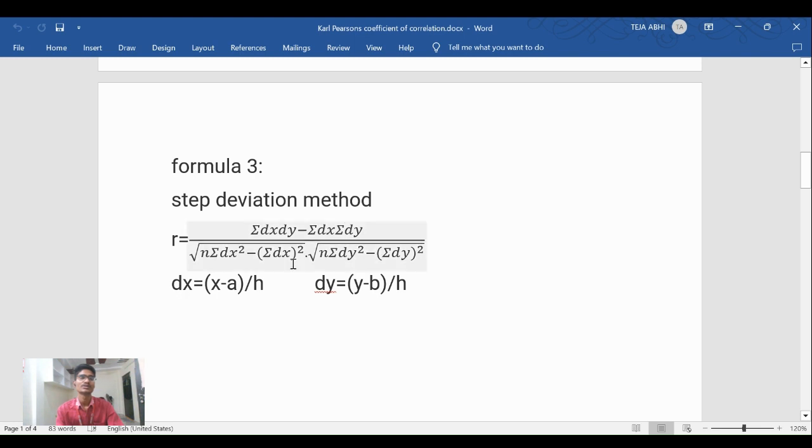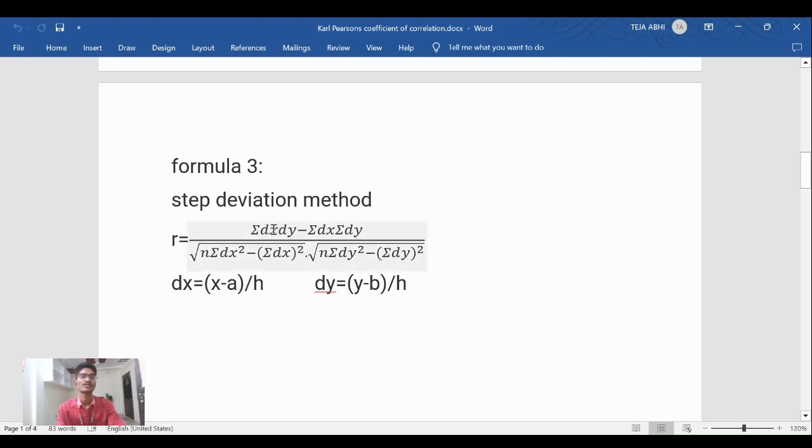Here also I have to find the values of dx and dy, where dx is equal to x minus a divided by h, and dy is y minus b divided by h, where h is the common interval and n is the number of values of x and y.